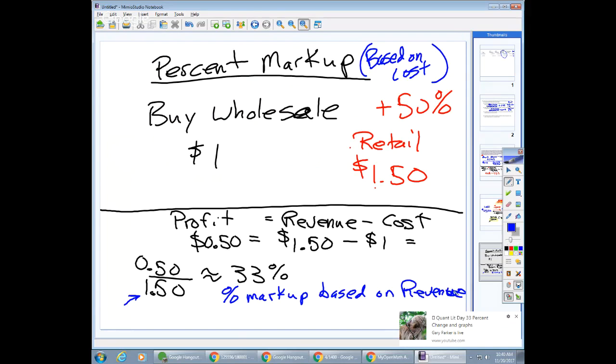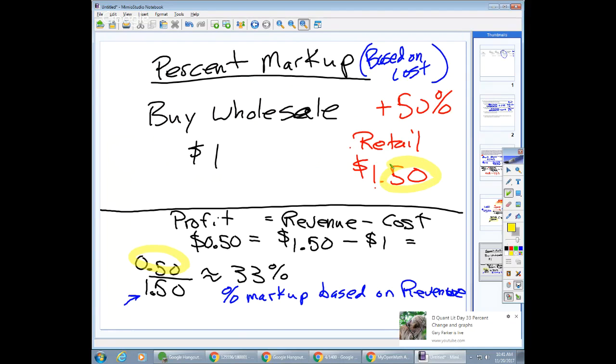This is useful because at the end of the day, at the end of the week, if I look at how much money is in my till, how much did I take in, right? That's revenue. If I want to figure out what part of that is profit, I just take 33% of it, and that's my profit. The rest has to cover my costs. Okay. So that's a useful number too. Both are based on this 50 cents right here.